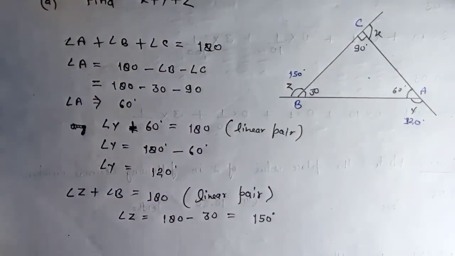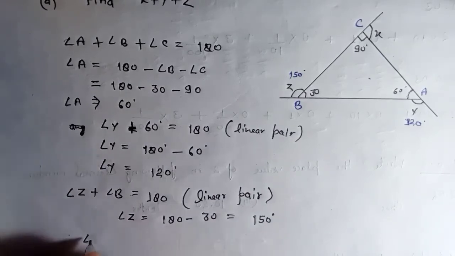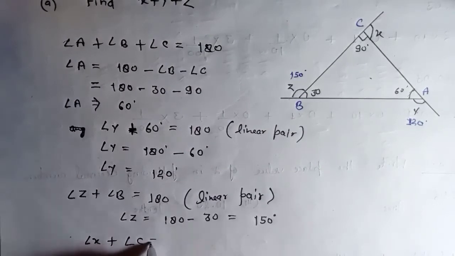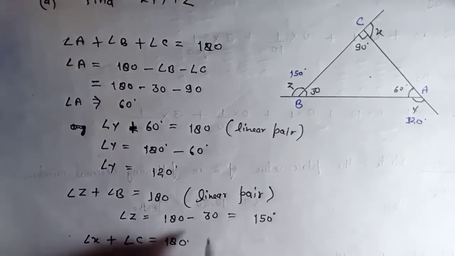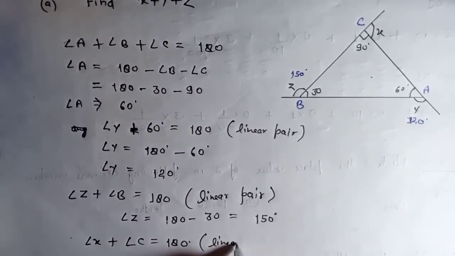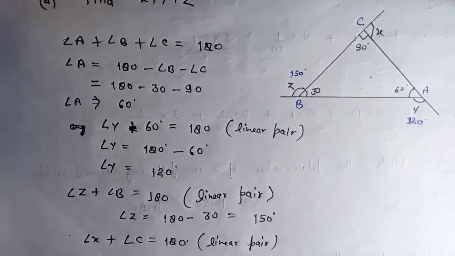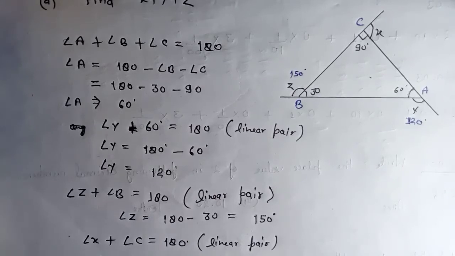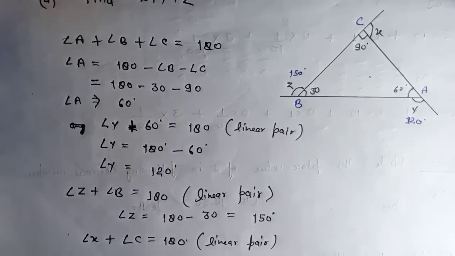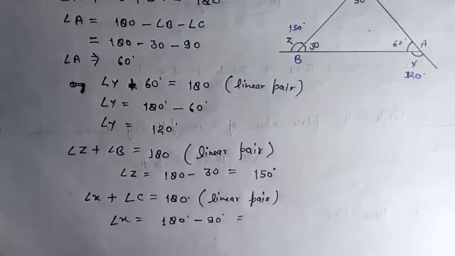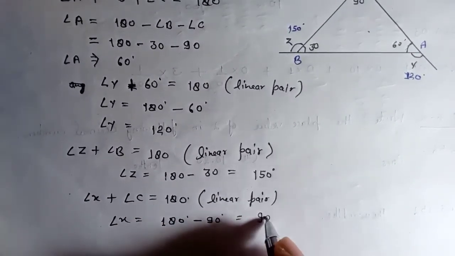Now let's get the value of x, which is here. We can get that from angle x plus angle C is equal to 180 degrees. Again, linear pair. So angle x is equal to 180 minus angle C, and angle C is 90 degrees, so it gives us 90 degrees.